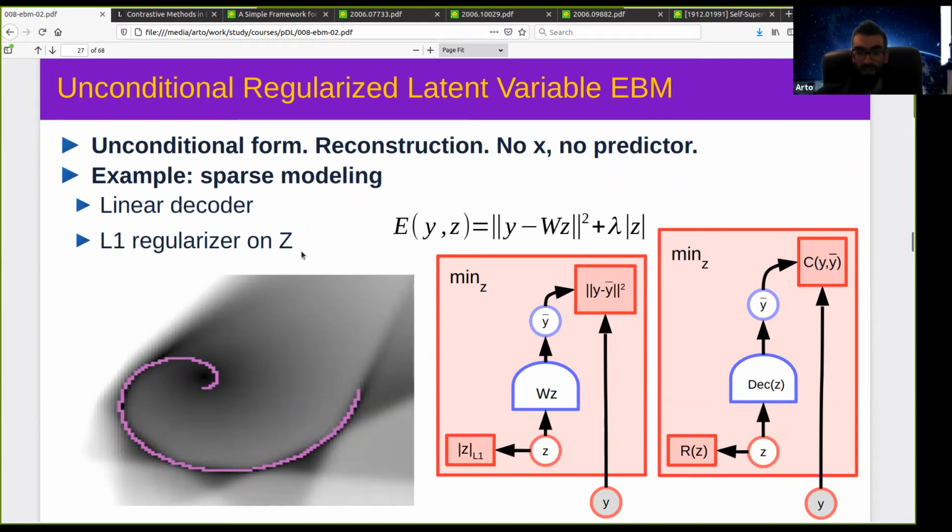In this case, we apply L1 regularization to z, and our energy will be the difference between y and Wz, which is this term here, plus the absolute value of z, which is this regularization term. Effectively, it would be like a piecewise approximation to the data manifold shown here.